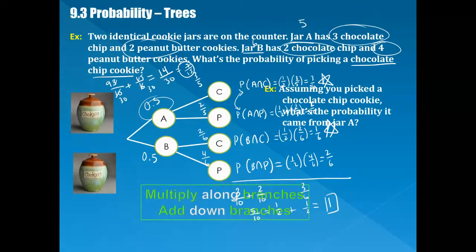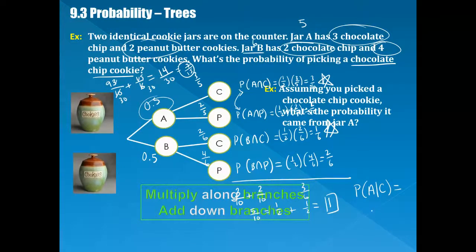So I know I wrote behind here, but assuming you picked a chocolate chip cookie, so we know you picked a chocolate chip cookie. There's our condition. What is the probability it came from jar A? So the probability it's from jar A given that it's chocolate chip. That is a condition. That's what we know.